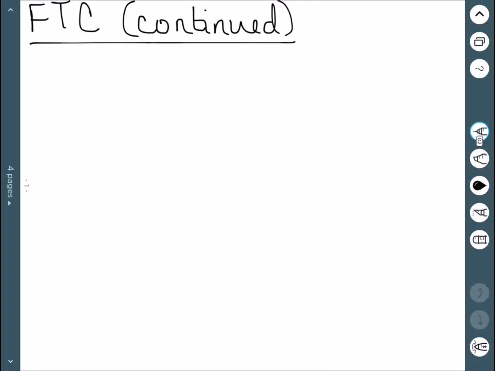We'll now look at some examples of using the fundamental theorem of calculus. So we'll start with finding the area under one bump of the sine curve.